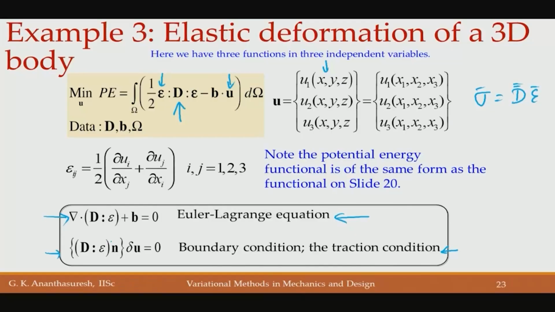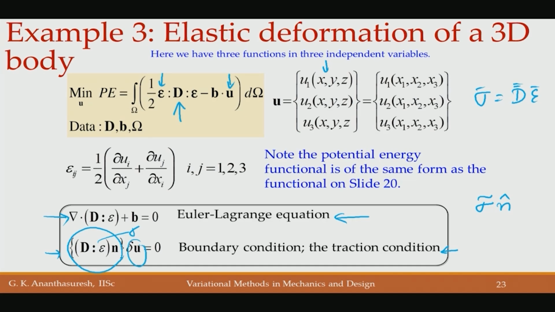The boundary condition that comes from the divergence theorem involves delta epsilon in tensor notation, which is basically sigma n, where sigma is the stress tensor and n is the unit vector. That basically says that the traction on the boundary is 0 whenever delta u is not 0.